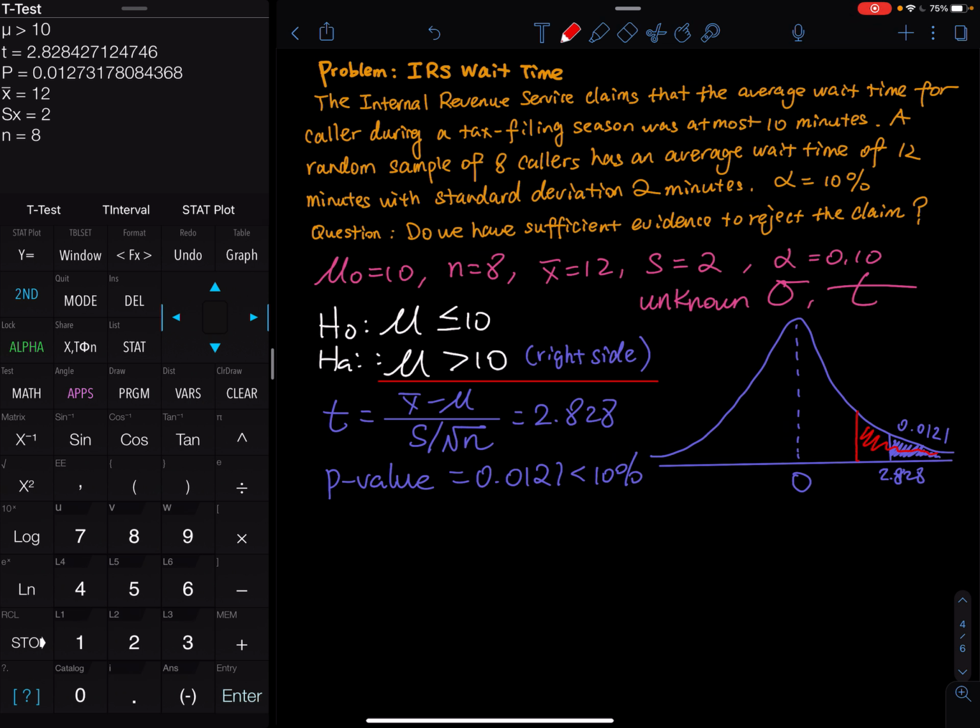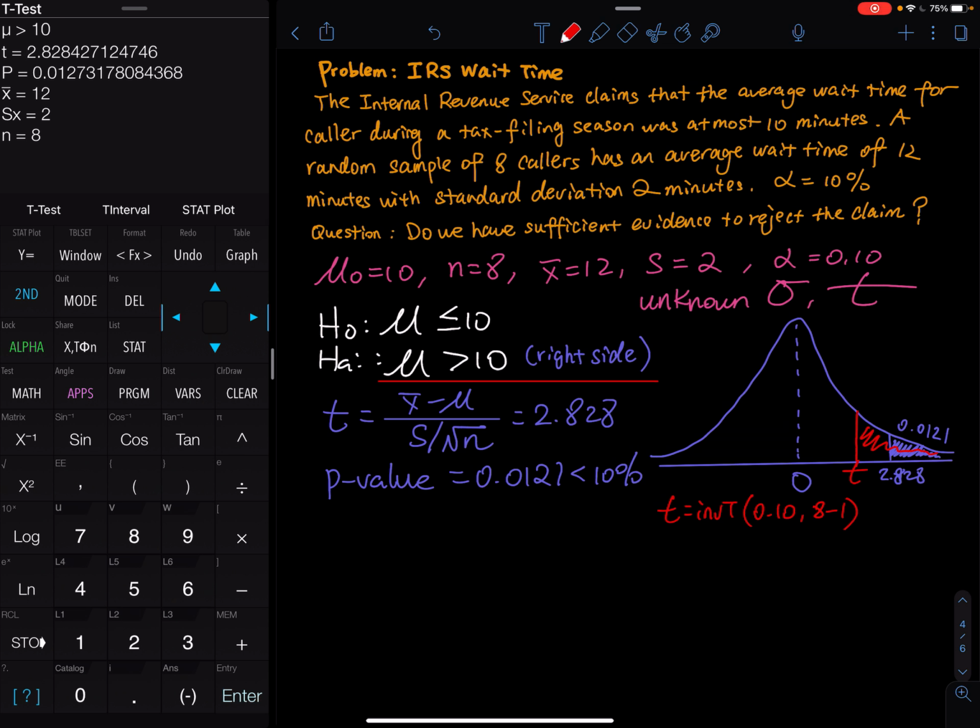What if your teacher asks you to compare the test statistic to decide reject or fail to reject? Then for this one you will have to use inverse T. The problem is TI-83 does not have inverse T. So there is a red T right here. So this red T is equal to inverse T. You have to input the area 10% and then degree of freedom 8 minus 1.